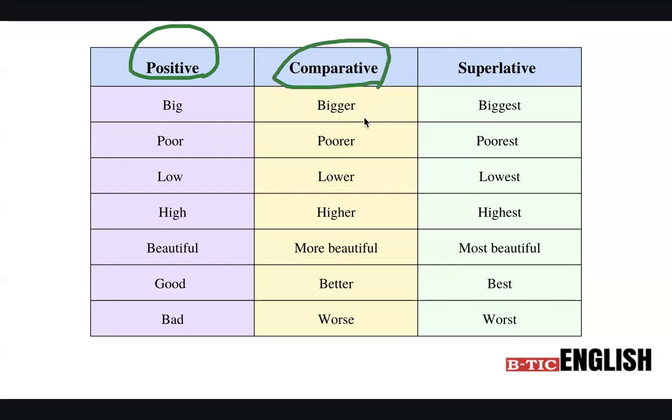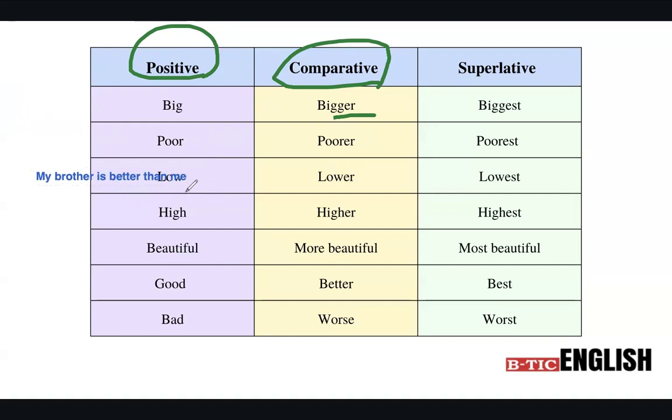Comparative means you're comparing your bag to another person's bag, or your thing to another person's thing. For example, you can say my brother is better than me. I can say my brother is worse than me.